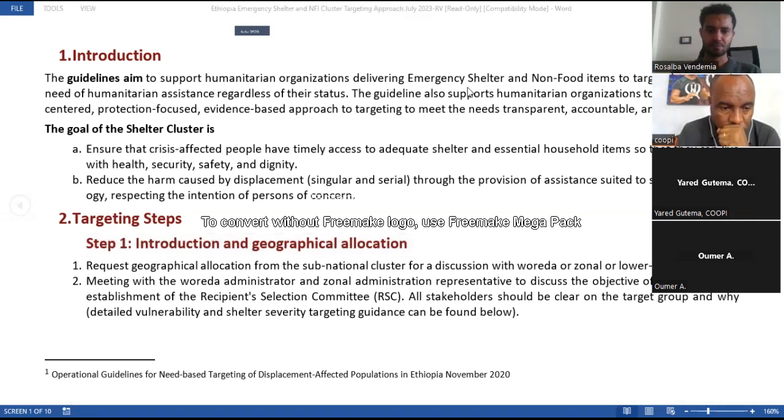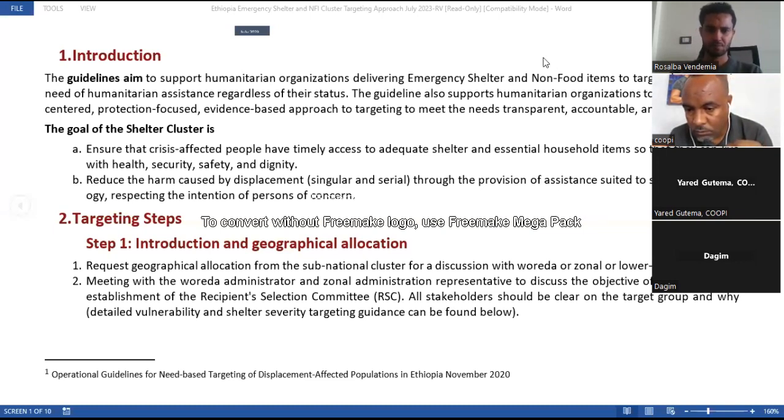While introducing and identifying geographies, there are 2 ways of doing things. One, usually we request the shelter NFI cluster for area allocation or area identification. Most of the time, the national shelter cluster will identify priority areas that have the highest needs.